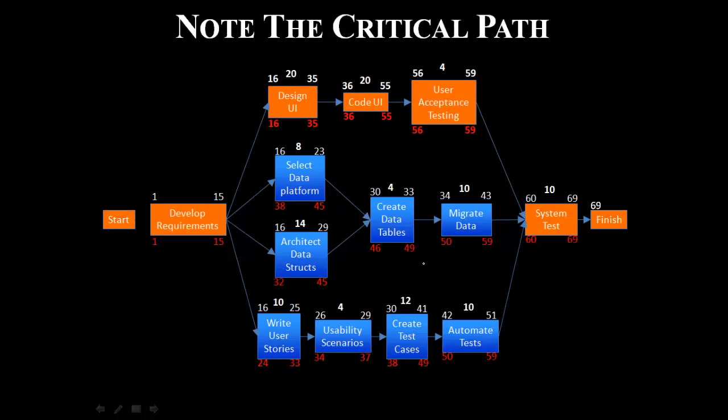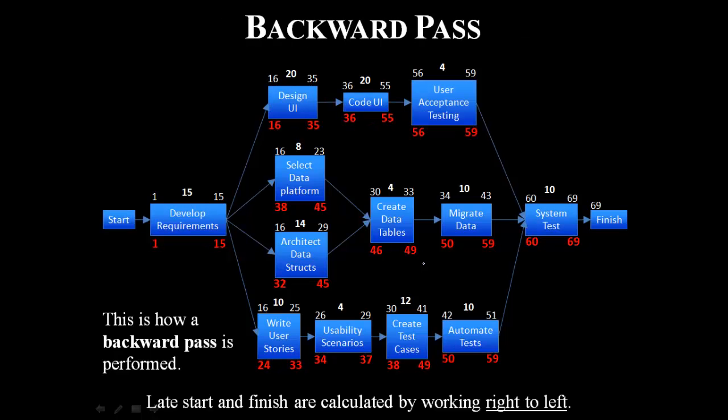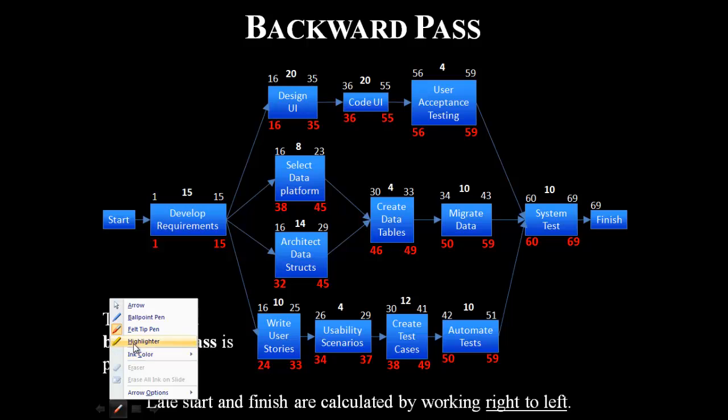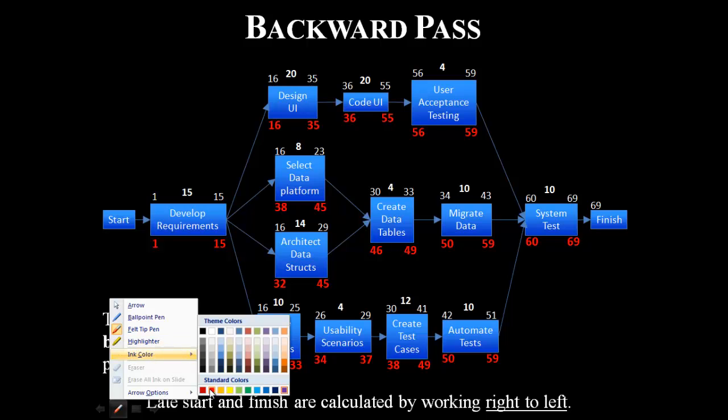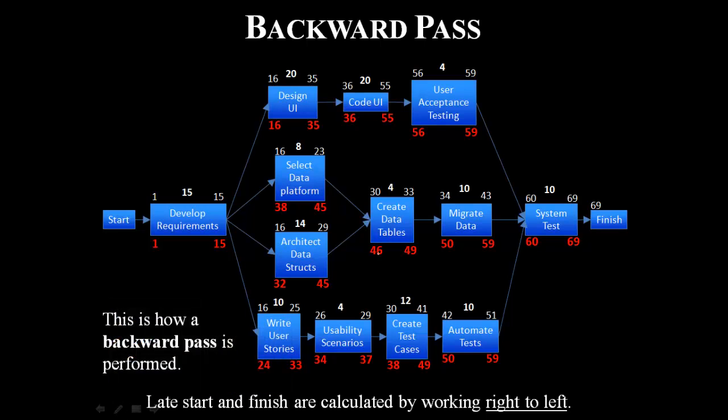But remember, for backward pass, the number which is lower will go. For forward pass, the number which was larger was supposed to go. So let's see here. If we see here, this is 46.